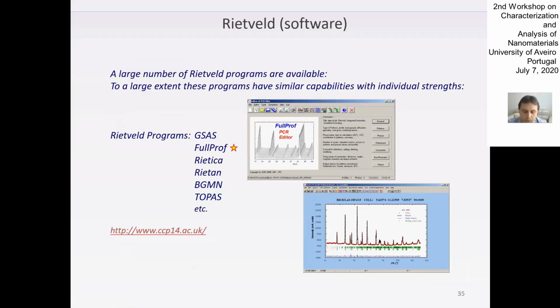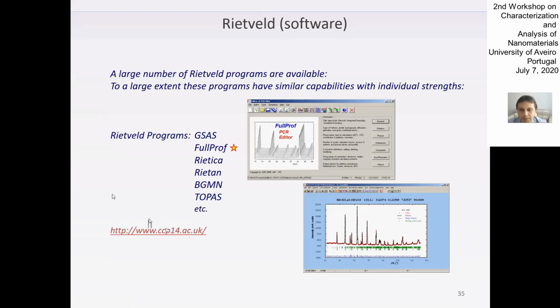He still works, this scientist, at the ILL, Institut Laue-Langevin in France. And it's free software, which is good for me, and it's able to refine crystal structure and magnetic structure. Actually, it's not just a program, it's a set or package, and you can download it using this link.